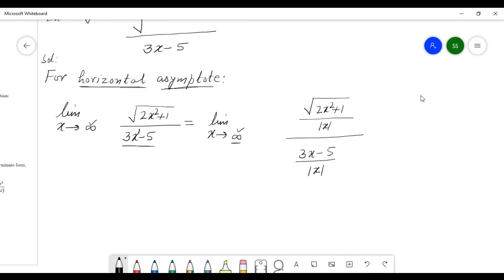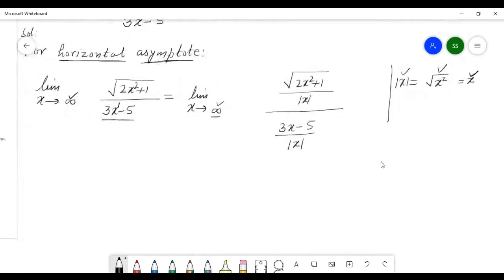And remember this rule: mod of x equals x, because here x is positive.